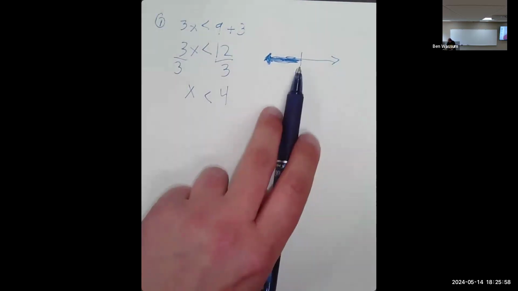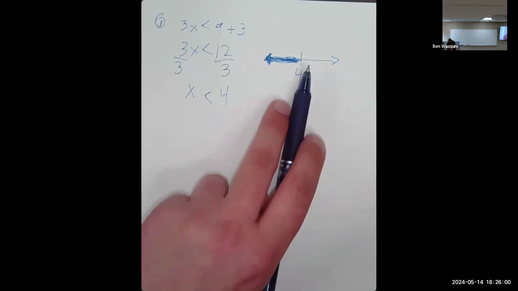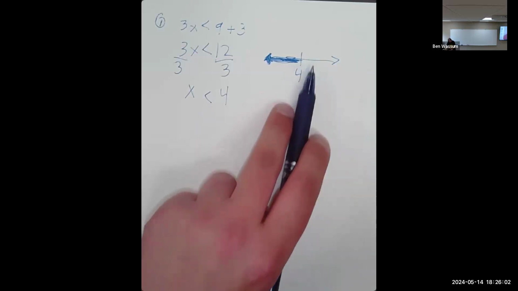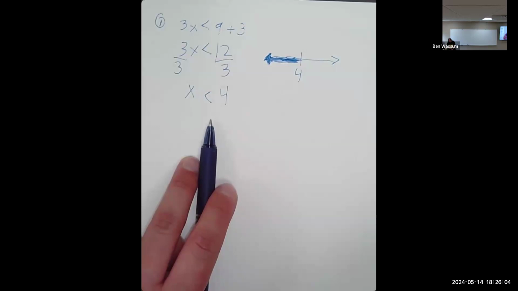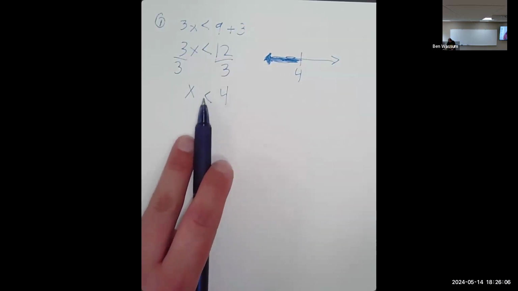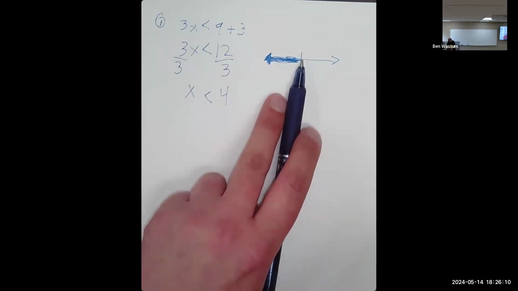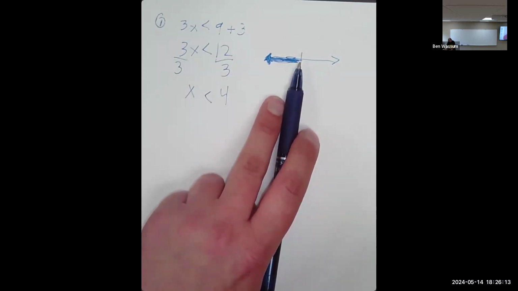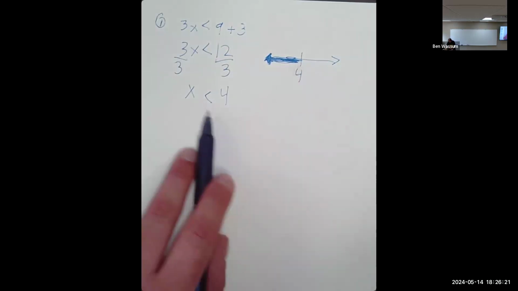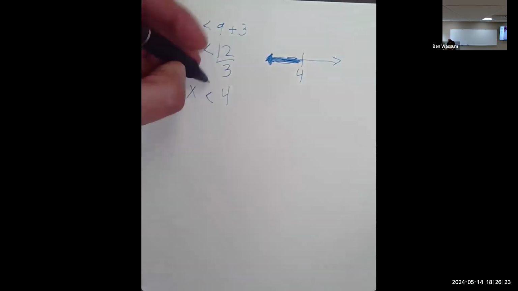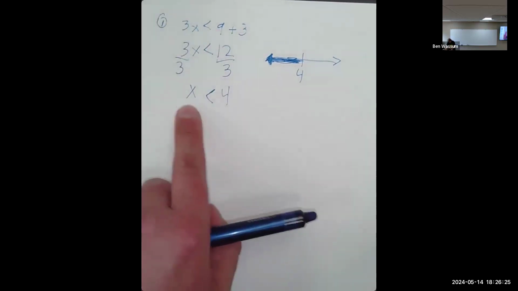So, question is, speaking of inclusion, is the 4 included or not? We have a less than symbol. So are we going to use an open circle or a closed circle? All right, so we have a less than symbol, which means it cannot equal 4.